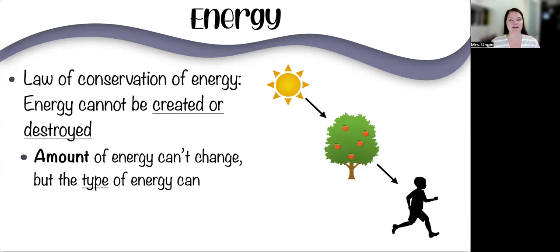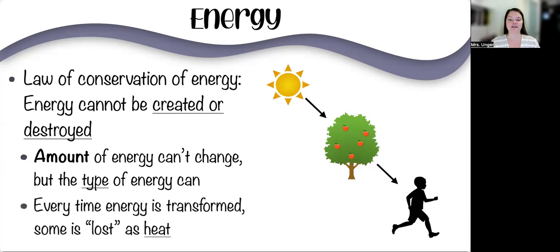And an important concept to understand about energy is even though the amount doesn't change, the amount of usable energy does. So I'll say that again, the amount of energy doesn't change, but the amount of usable energy does. So every single time there's any kind of energy transformation that occurs, there's going to be some that is lost as heat, and heat is just a not usable form of energy.